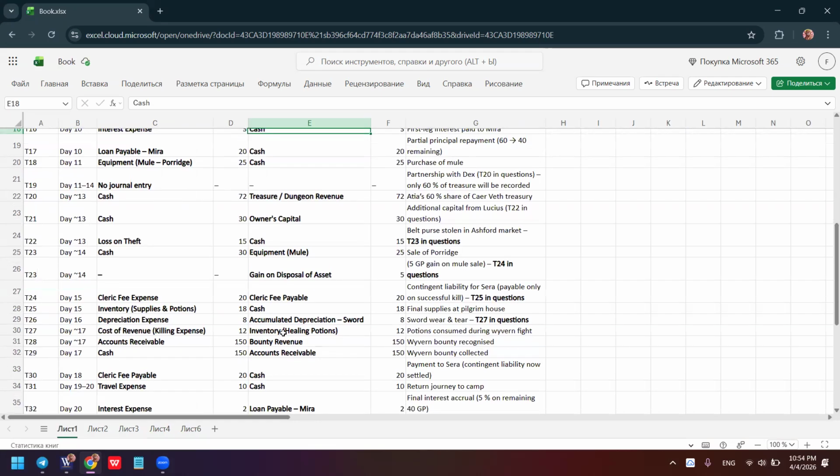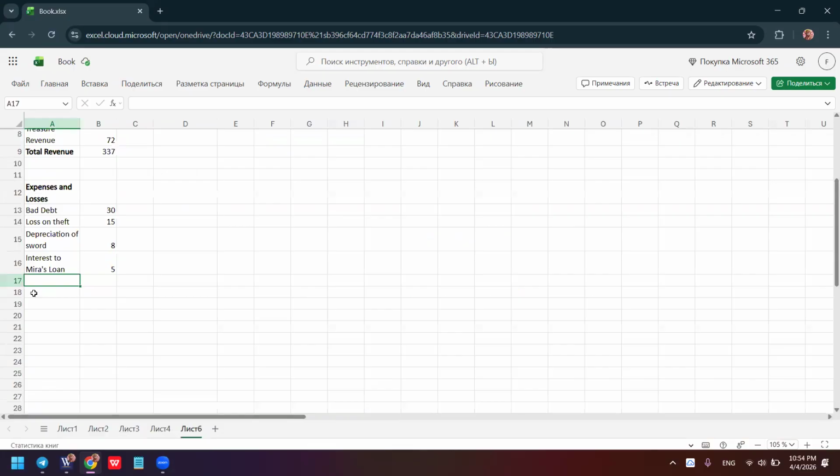It also directly helped her to get well and continue her journey. She was ill. So we write here 15.